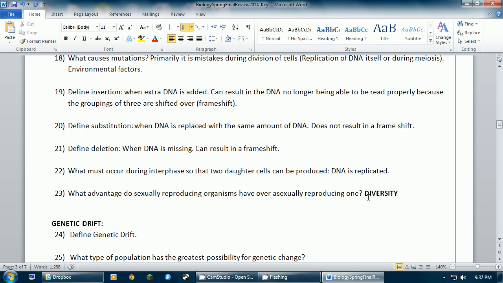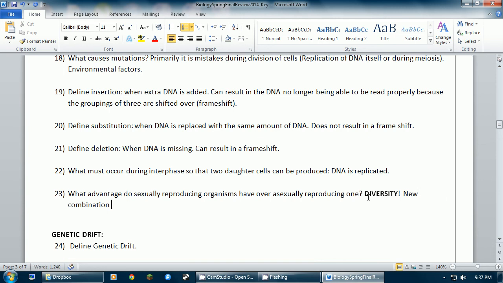And what we get are new combinations of DNA that can possibly benefit offspring. And that's evolution right there, people.